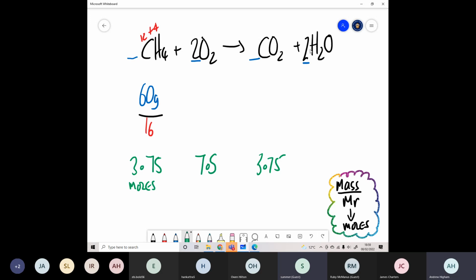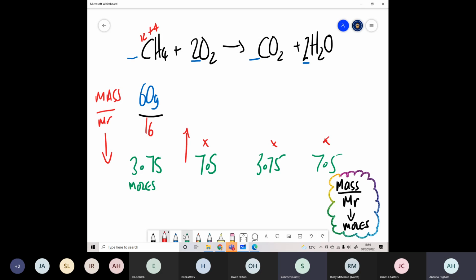And we don't need to do any calculation here, because if that's a 1 to 2 to 1 to 2, it will be 3.75 to 7.5 to 3.75 to 7.5. And if you remember what we did coming down this way, which was our mass divided by MR, would give us the number of moles. Then when we go back up the other way, we just times everything by the MR.